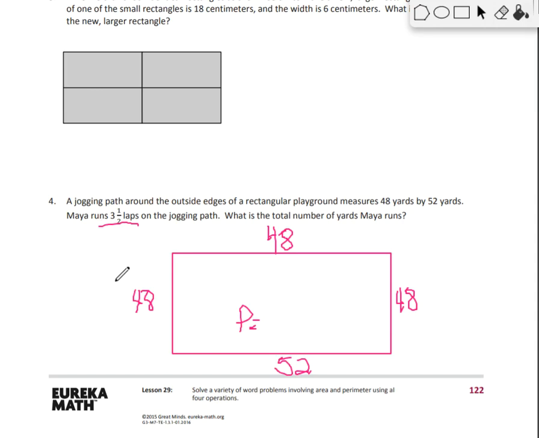If you have questions about the doubling process, please let me know on our channel and I'll address them. So we have 48 plus 48. 8 and 8 is 16. Carry my 1. I end up with 96 because 4 and 4 is 8 and 1 more is 96.